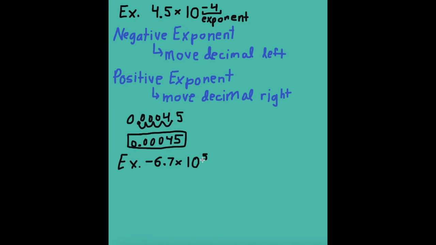When you have a positive exponent, you move the decimal to the right. In this case, the exponent is 5, which is a positive number. Therefore, we move our decimal to the right 5 times. 1, 2, 3, 4, 5. Therefore, we get the number to be negative 670,000.